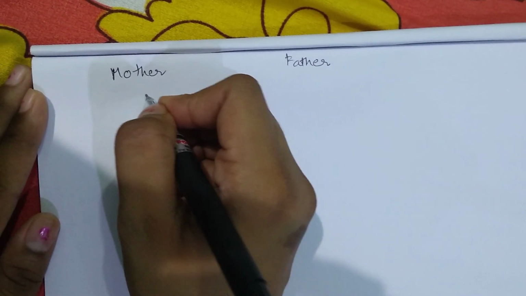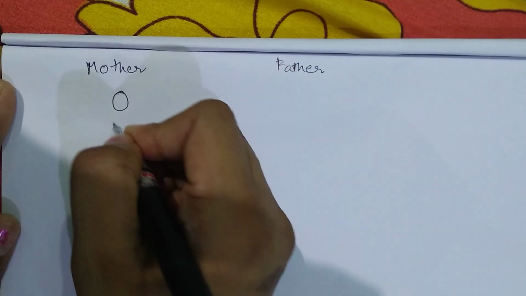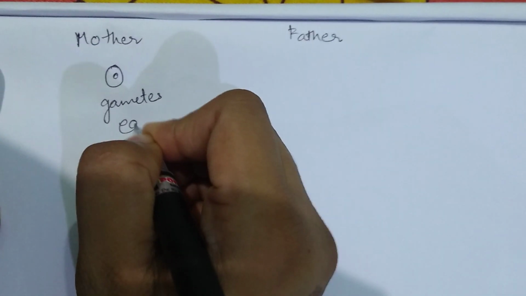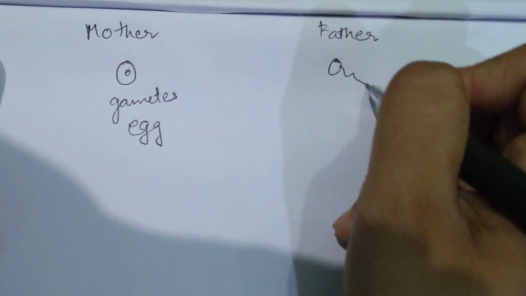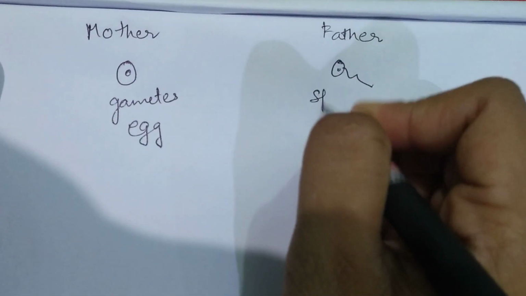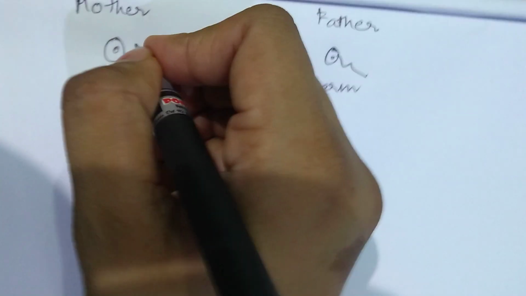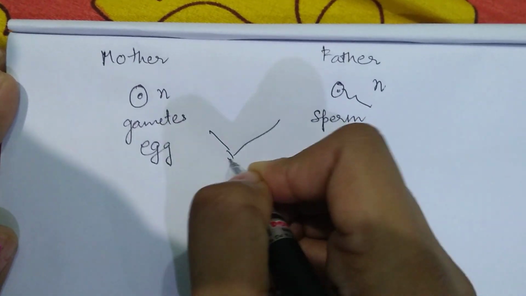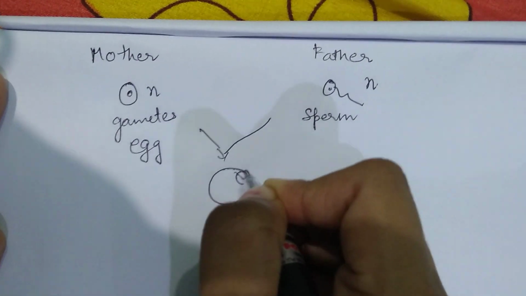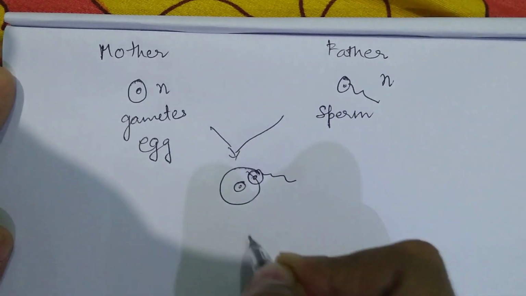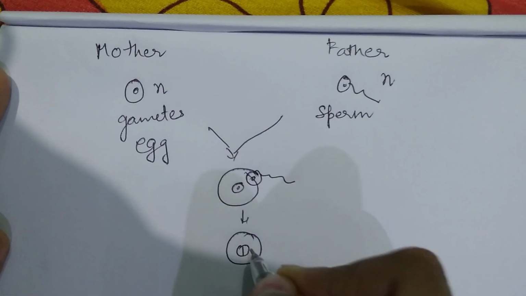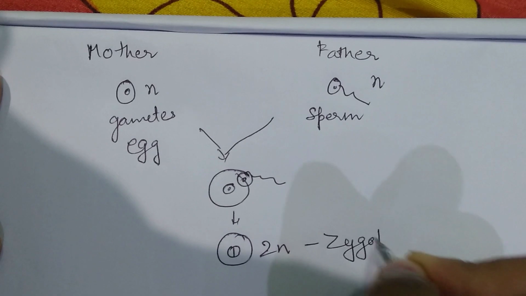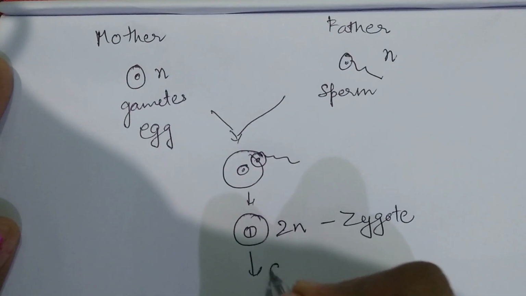A child inherits their chromosomes in the form of gametes. The mother's gamete is called the egg cell and the father's gamete is called the sperm. Both contribute their haploid number of chromosomes, n chromosomes, and the fusion results in the formation of a zygote, a single cell having both sets, 2n chromosomes.